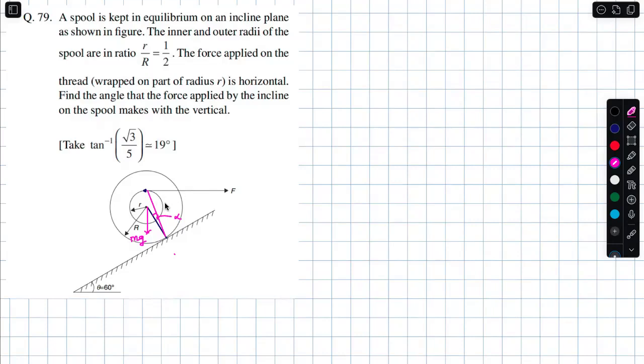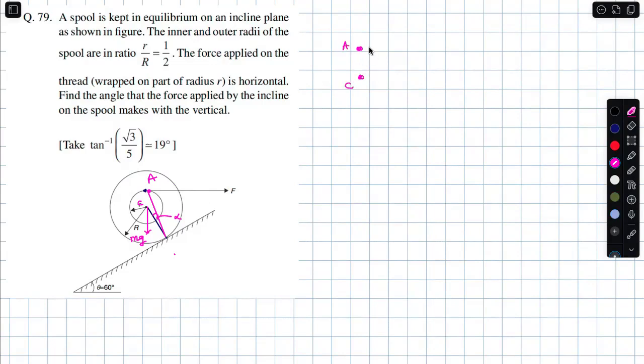This is some point A we assume, and this is some point C we assume. Obviously, A is above C. The geometry is like this.